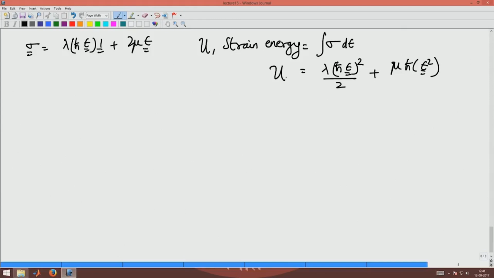This is the general expression for the strain energy in a linear elastic material that obeys Hooke's law.